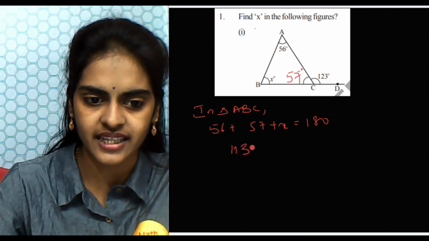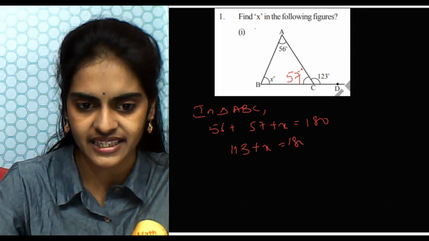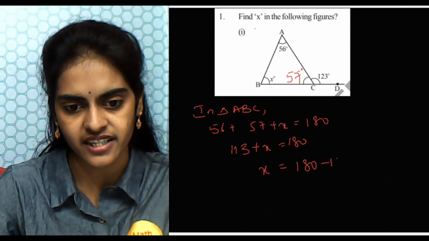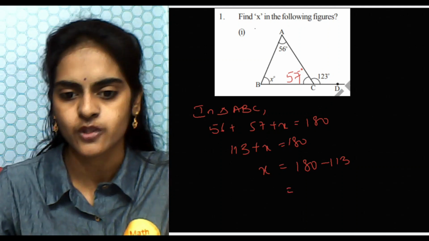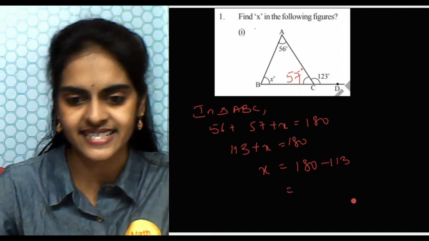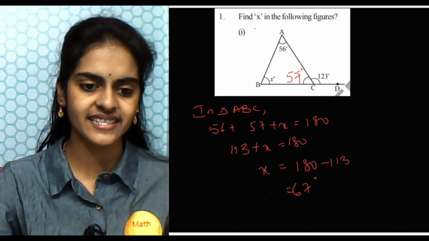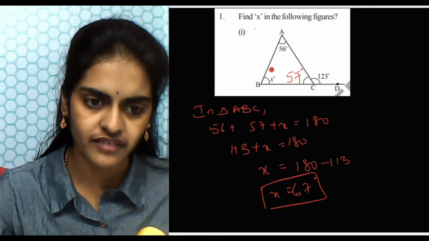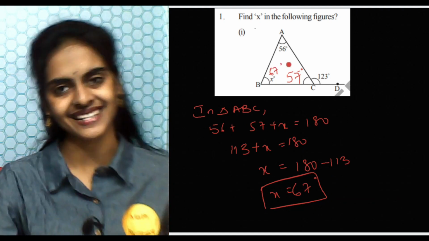So 113 plus x is 180, and I want the value of x. X is nothing but 180 minus 113. What is 180 minus 113? You have this as 67. So x is 67 degrees, clear? You got the value of x as 67 degrees, understood?